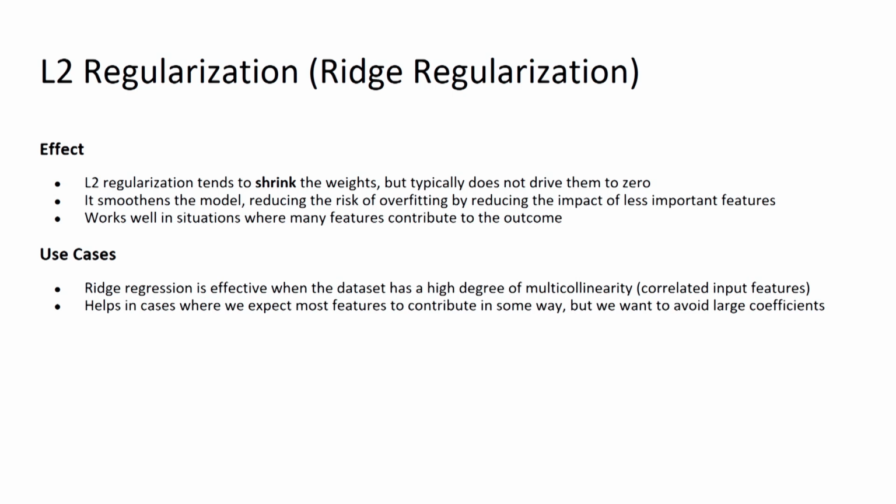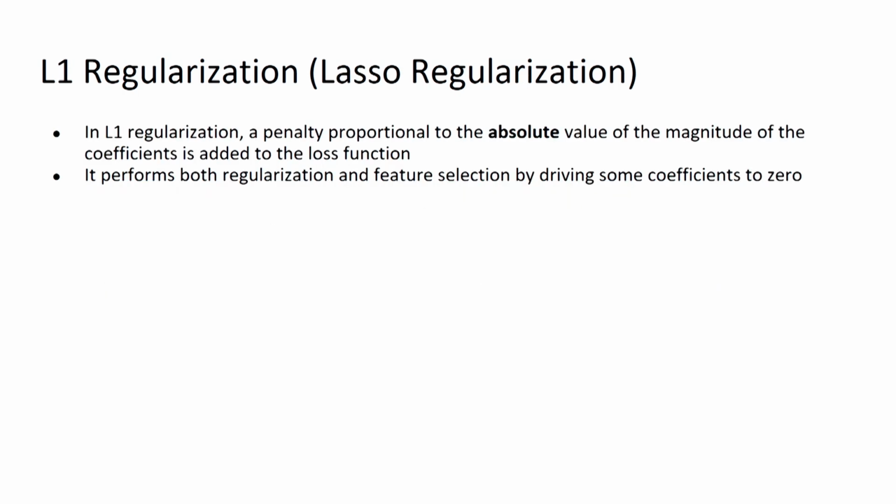And if there is a multicollinearity problem in your data set, that time also it will reduce and adjust the coefficients of those features that are related with each other. So, this is L2 regularization. Now, we will see what is L1 regularization.